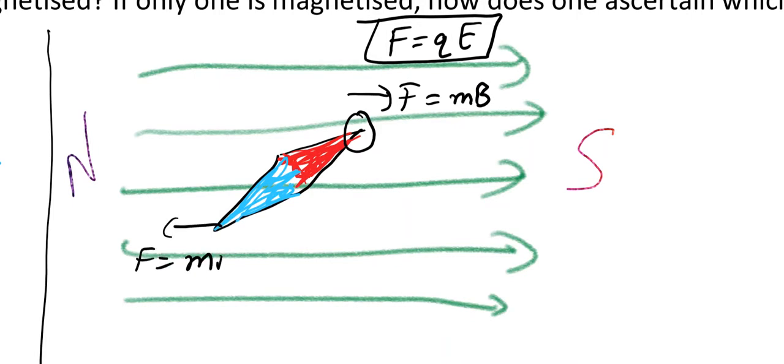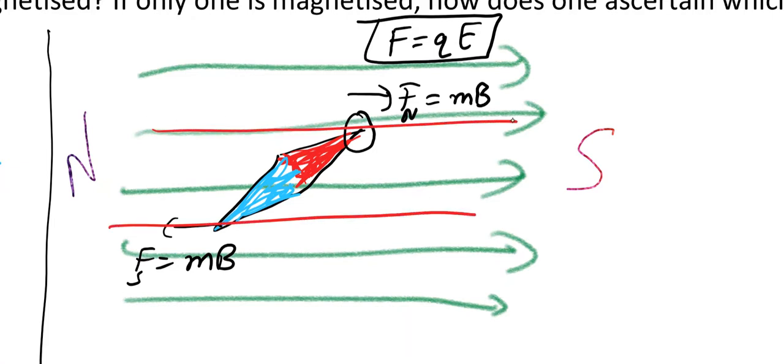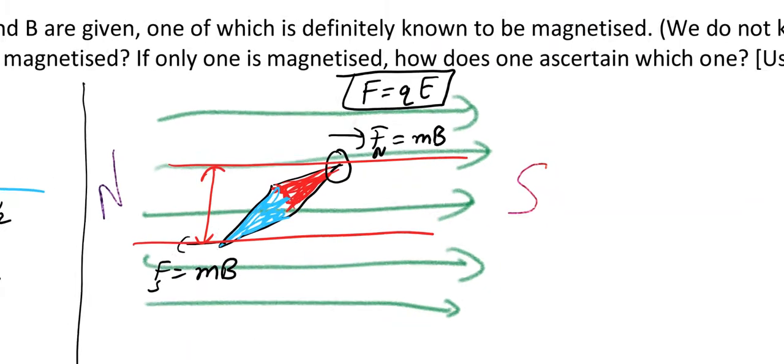So if you sum up these two, force on the north pole and force on the south pole of the needle, the resultant force will be 0. But as the two forces are along different lines, there is some perpendicular distance and hence there is torque. So this needle will not move left, right, up, down, but it will rotate because the lines of action of these forces are different. Hence no resultant force, but there is torque.